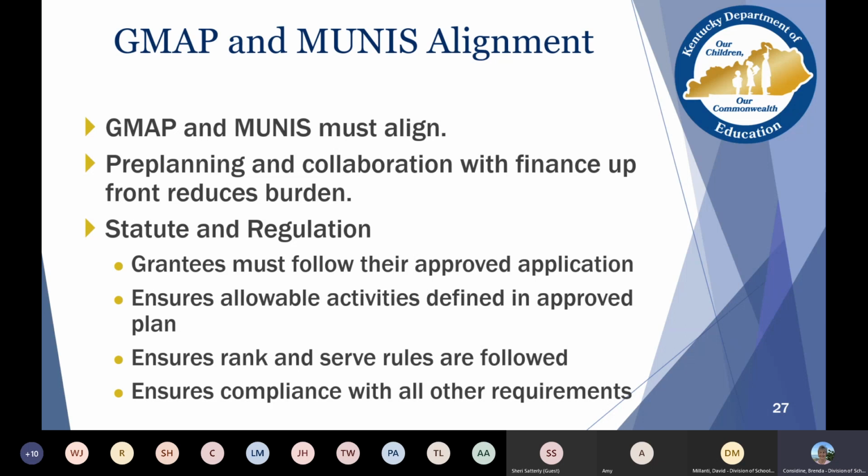And in your plan, you need to make sure that your rank and serve rules are being followed and that you are compliant with all other regulations. And when we are doing monitoring, this is an area that we do see that GMAP and Munis sometimes don't align. So you need to make sure that when you're developing that application and it's approved, that you follow it.